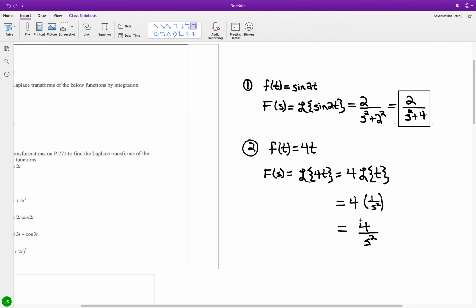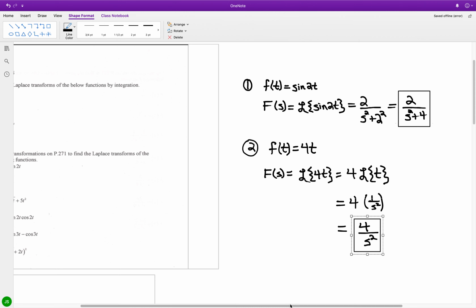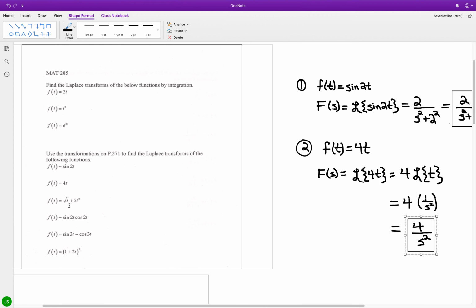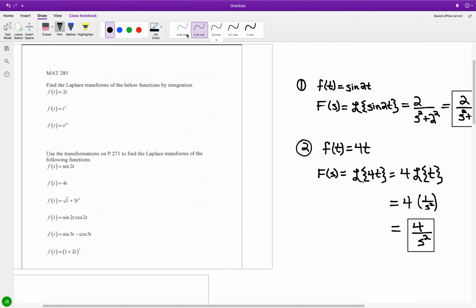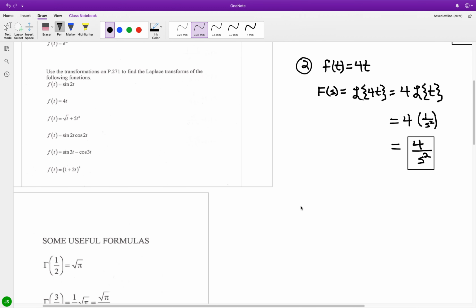All right. Now for the next case, we have f of t is equal to the square root of t plus 5t squared. Let's go ahead and write this as f of t equals t to the 1/2 plus 5 times t squared.